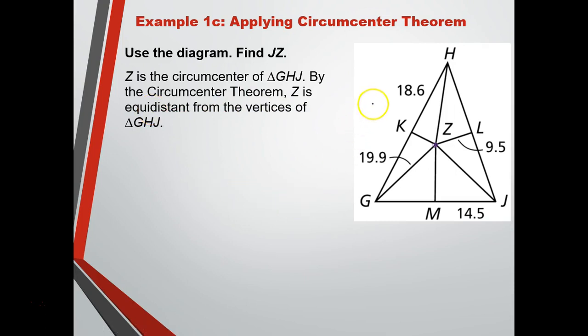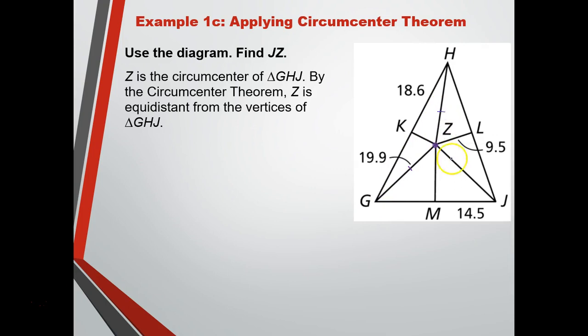And so let's see. This right here, ZG is 19.9, and that is a segment that goes from the circumcenter to the vertex.